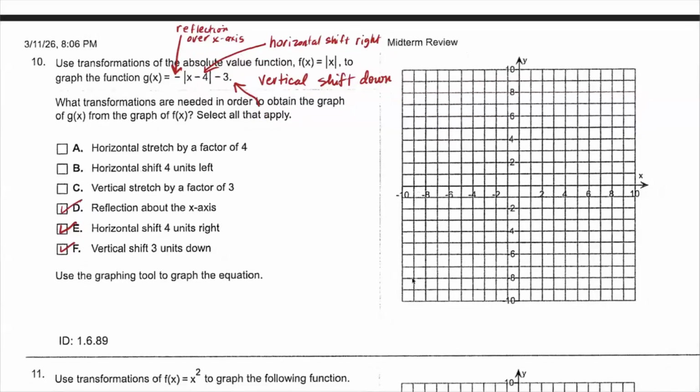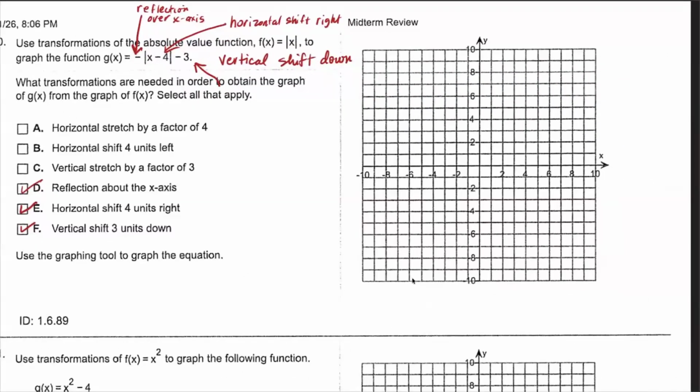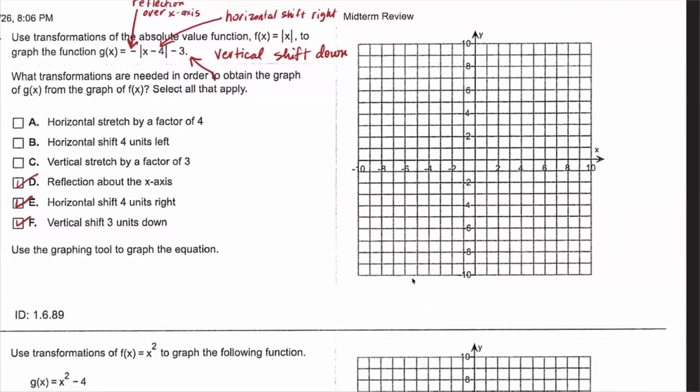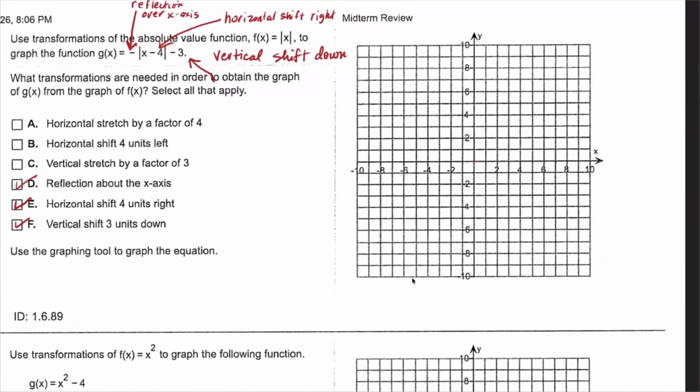All right. So the original function, the parent function for absolute value, looks like this. This is the parent function with no shifts, no kind of adjustments.